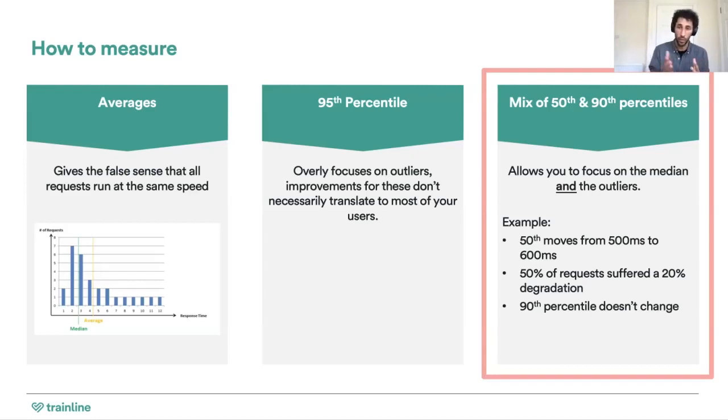Whereas if you're losing, as in the example on the slide, 100 milliseconds for half of your customers, for the bulk of your requests, then you definitely should hop onto that one and identify what was going on in there. So having a mix of the 50th and the 90th percentiles definitely was a big win for us to help us improve our performance.